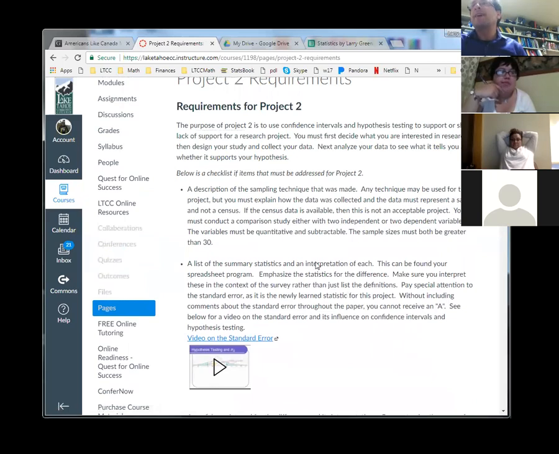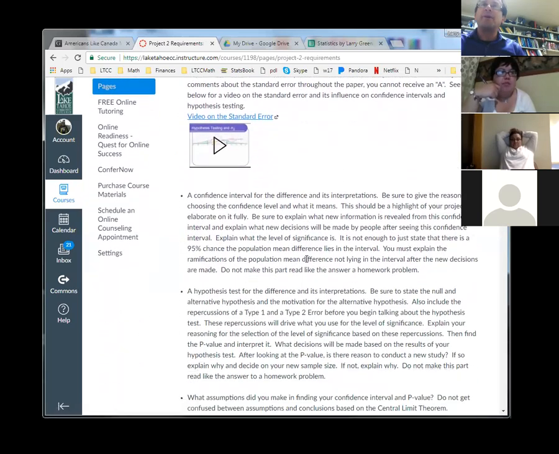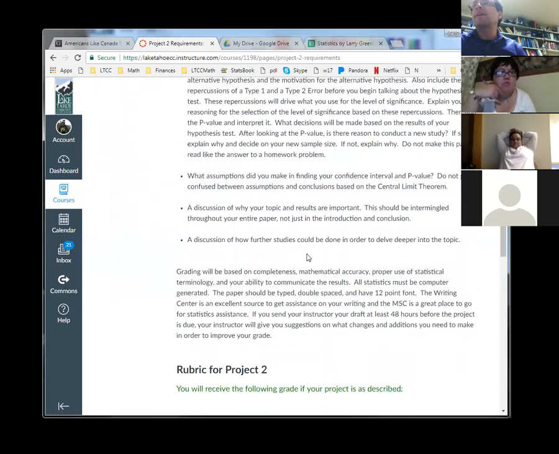Just a note, since it's a paper, you're going to have an introduction. The introduction usually talks about why you care about the project, why it's important, and why you chose your null and alternative hypotheses. And then you're going to have a conclusion. One litmus test for the conclusion: if you could have written your conclusion before you even looked at your data, it's a poor conclusion.